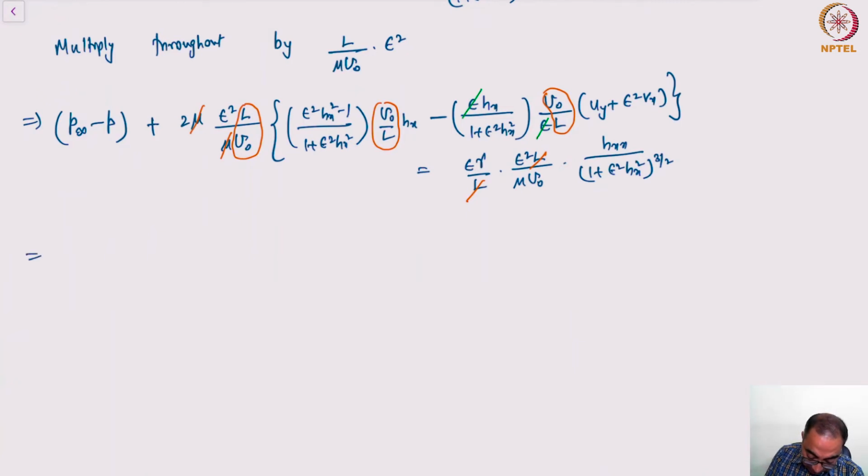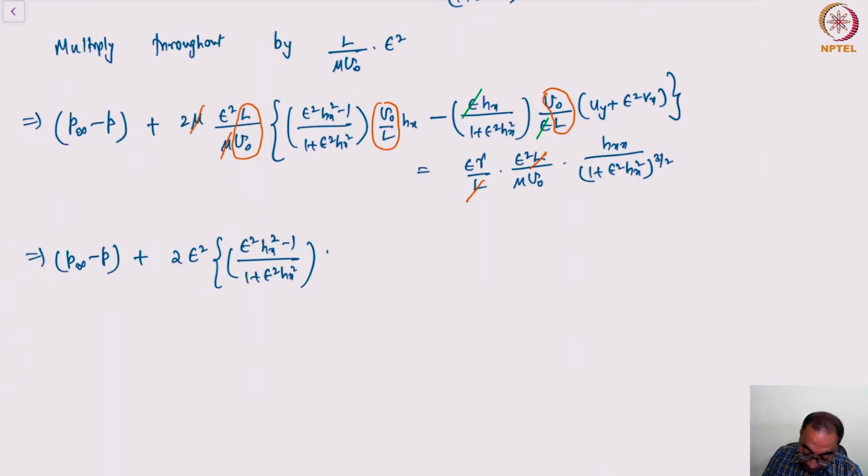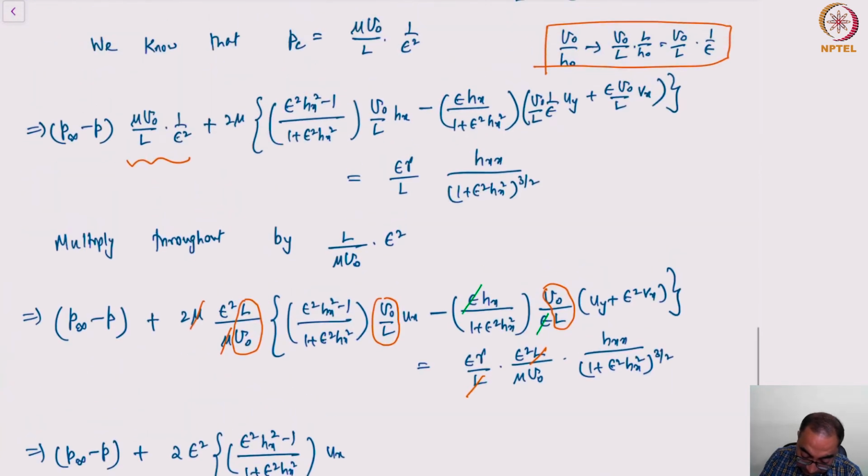So now let's simplify this equation. What do I have here? I have P infinity minus P plus 2 epsilon square times epsilon square hx square minus 1 by 1 plus epsilon square hx square into hx. Sorry, this should be ux. Sorry, make the correction. This should be velocity ux in the previous terms as well.